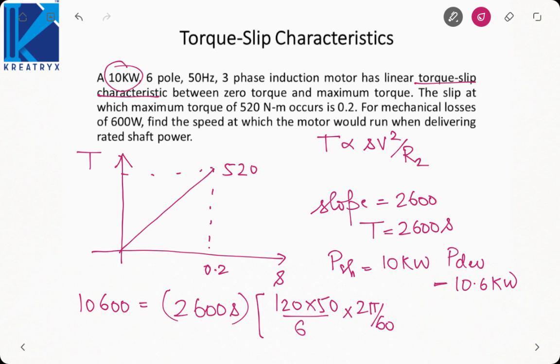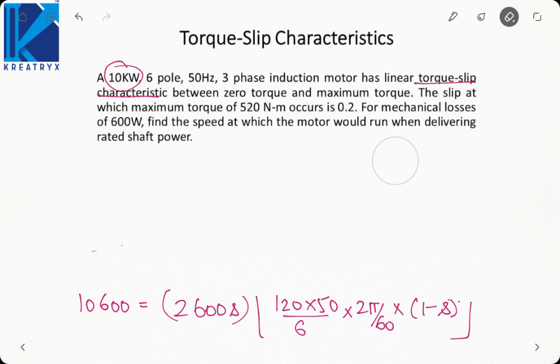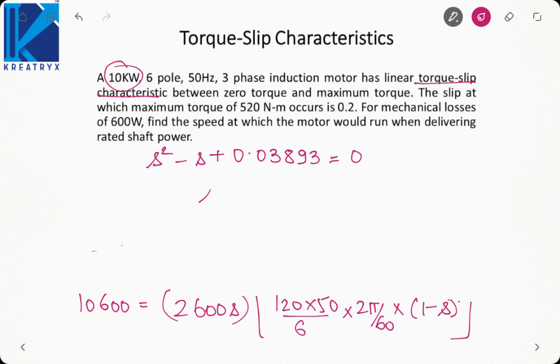I am converting it to radian per second, into 1 minus S, because speed of rotor is synchronous speed into 1 minus S. Based on this, I can form a quadratic equation, which is S square minus S plus 0.03893 equal to 0. From here, the slip comes out to be 0.0405.